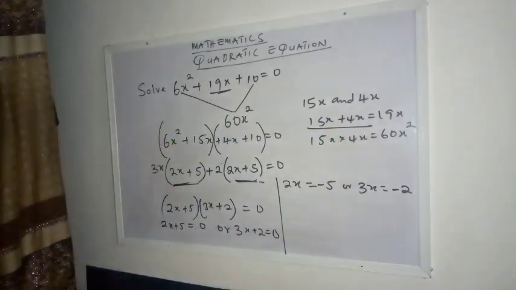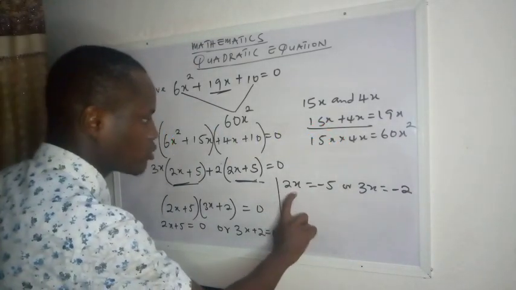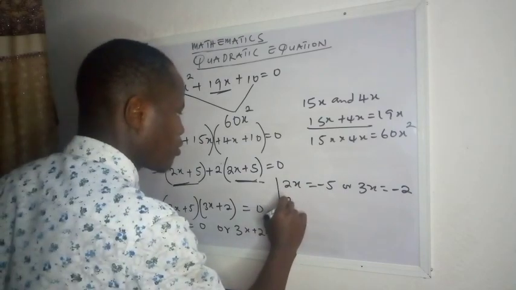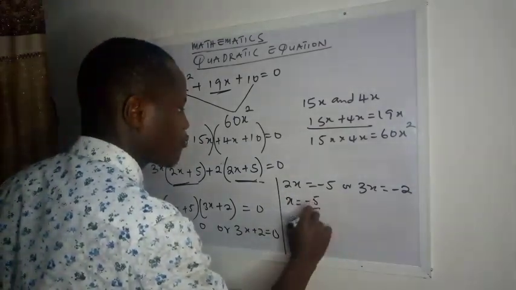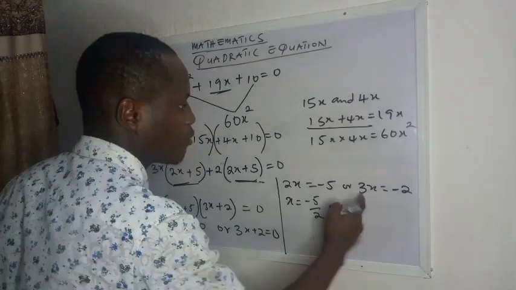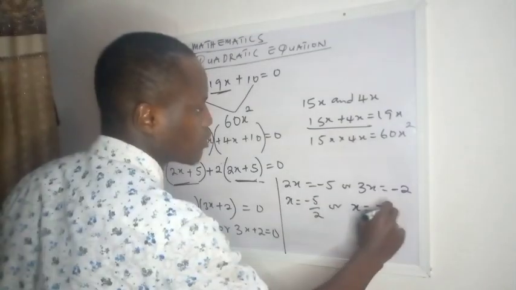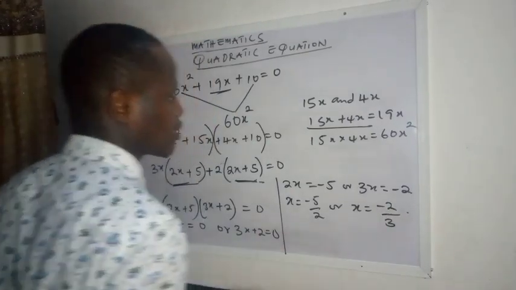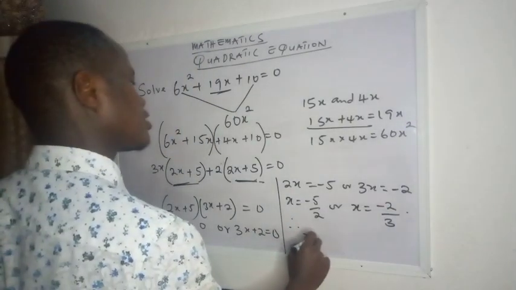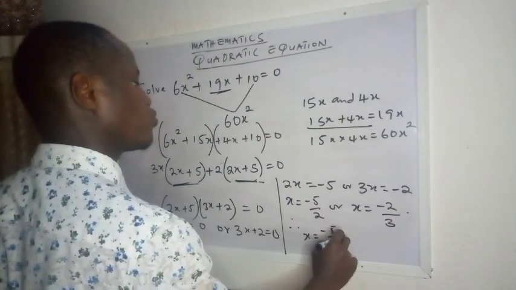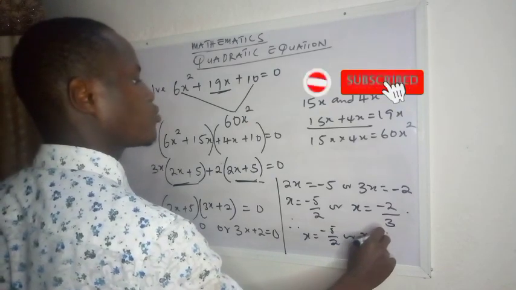Next, I'll divide here by 2, here by 3. So I'm going to have x equal to minus 5 over 2, or x equal to minus 2 over 3. Therefore, x is equal to minus 5 over 2, or x is equal to minus 2 over 3.